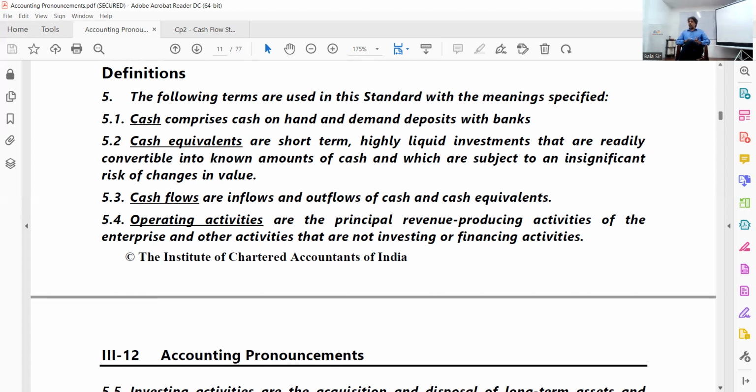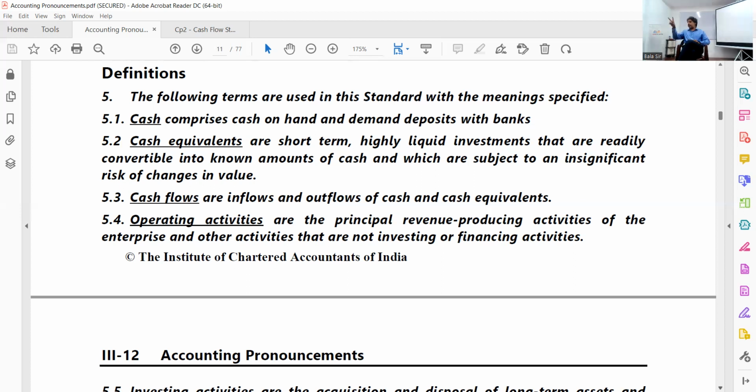Sir, what about operating activities? All other items. What is operating activity, tell me? There are two ways of presenting operating activity. One is called the direct method. Now you want to guess the second one. Oh, wonderful, lovely. How come? Direct and indirect.